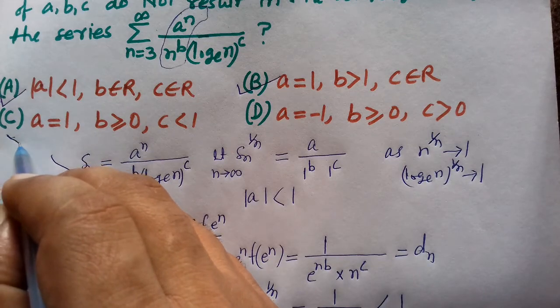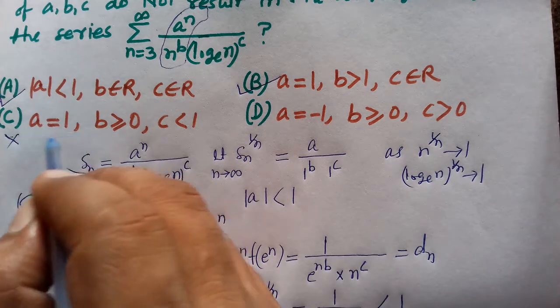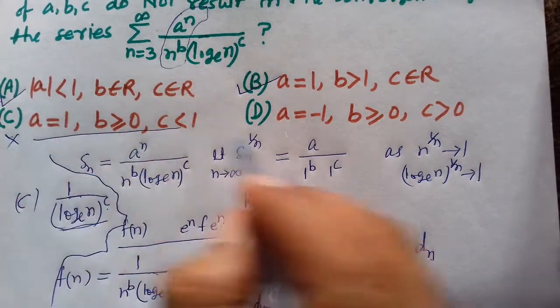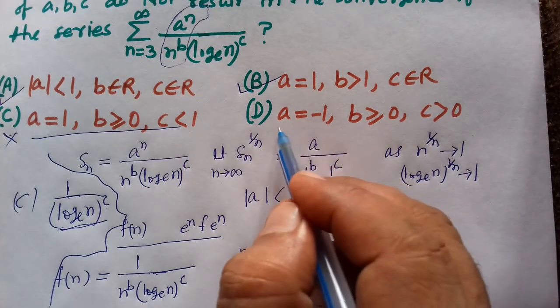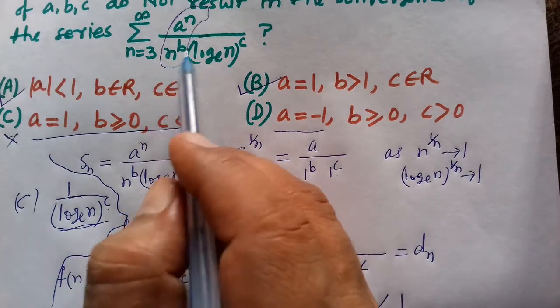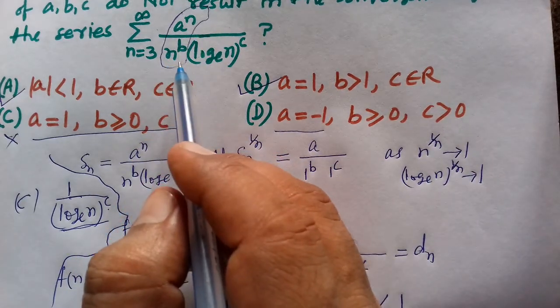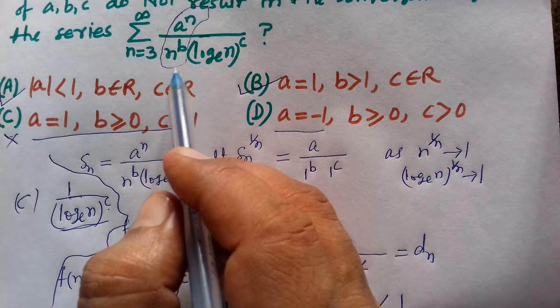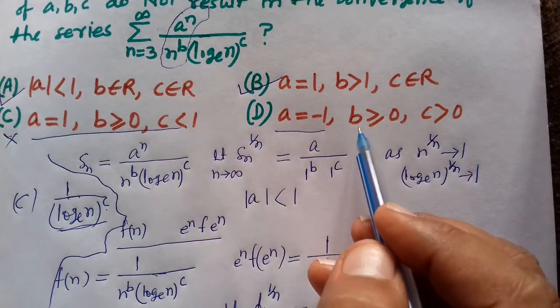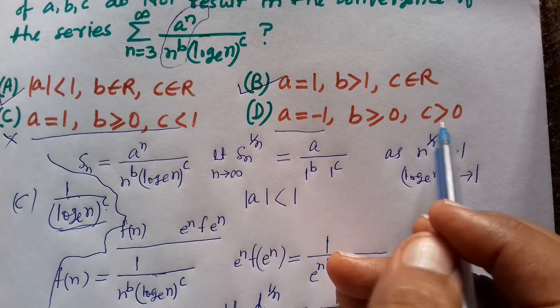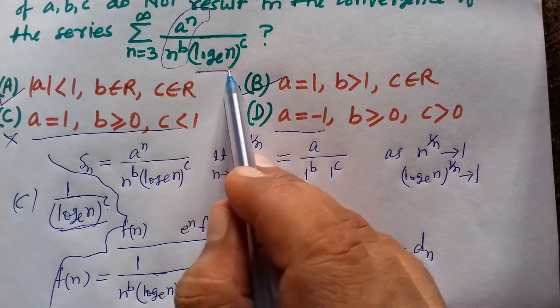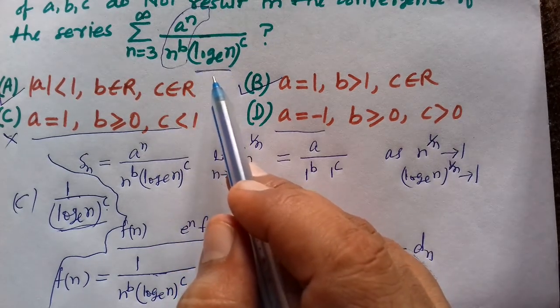So this is wrong, because not divergent. And this, if you see a equals to minus 1, means this series is going to be an alternating series. And here you see b is 0 or positive, c is also positive. This means that this thing remains in the denominator.